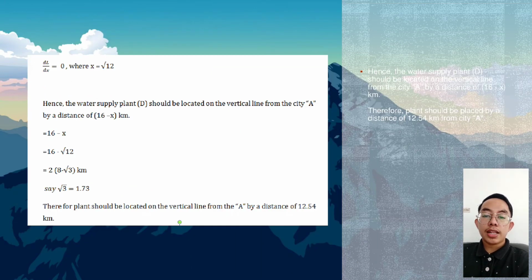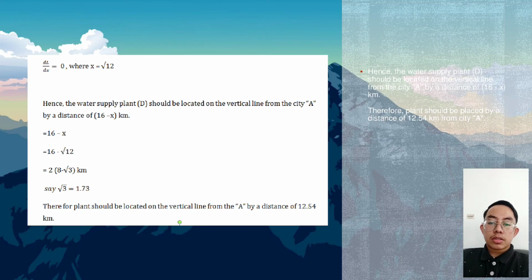Now, if dL over dx equals 0, where x equals square root of 12, hence the water supply plant D should be located on the vertical line from city A at a distance of 16 minus x kilometers. Now, 16 minus x equals 16 minus square root of 12, which is 2 bracket square root of 3 bracket kilometers.